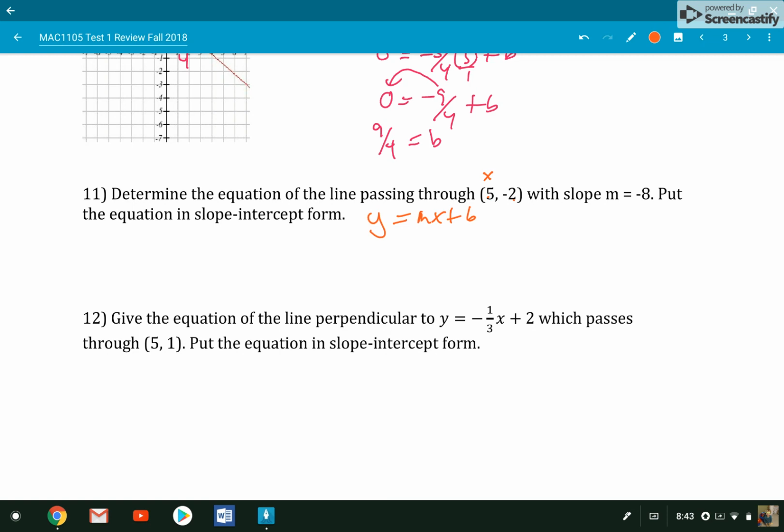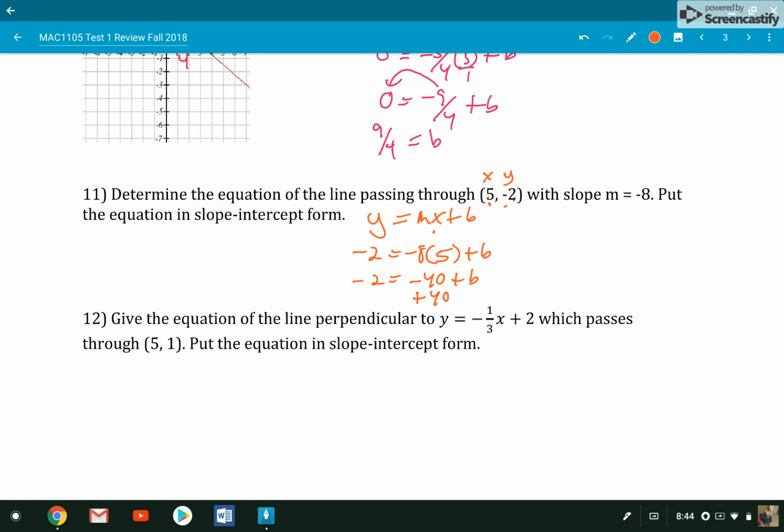So my x is 5, my y is -2. If I plug in those for x and y and -8 for m, I'm essentially working with -2 equals -8 times 5 plus that b value. So I'm going to get -2 is equal to -40 plus b.